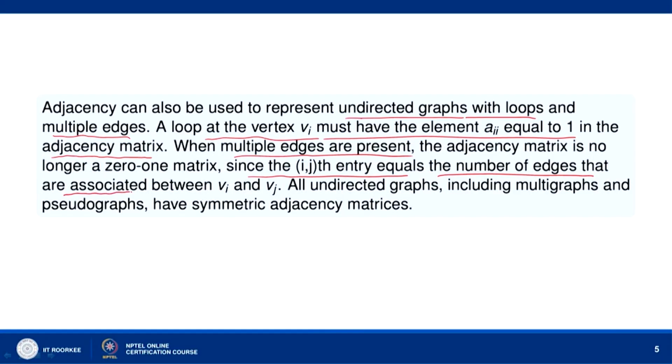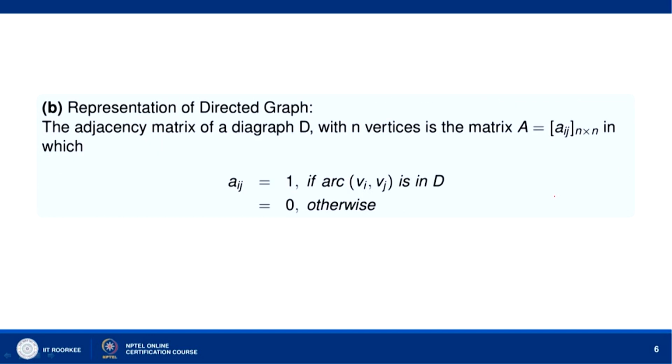Since the ijth entry equals the number of edges between Bi and Bj, if there are multiple edges present, then the adjacency matrix will no longer be a 0-1 matrix. All undirected graphs, including multigraphs and pseudographs, have symmetric adjacency matrices. Now, representation of a directed graph.